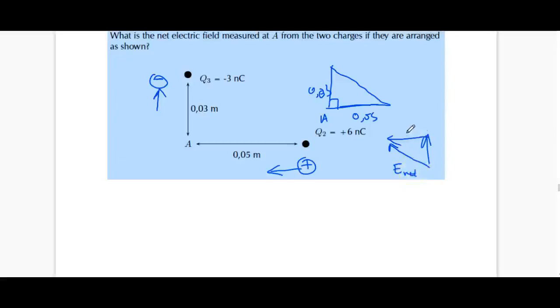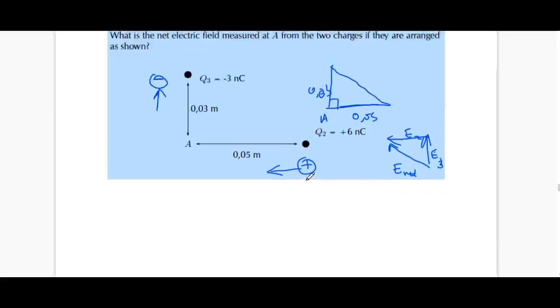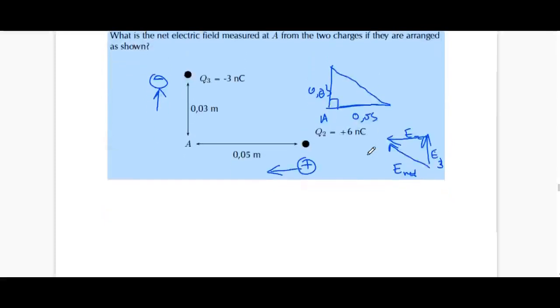Now this one will be E2, and this one will be E3. Okay, now this is a right angled triangle, so I'm going to use Pythagoras theorem.